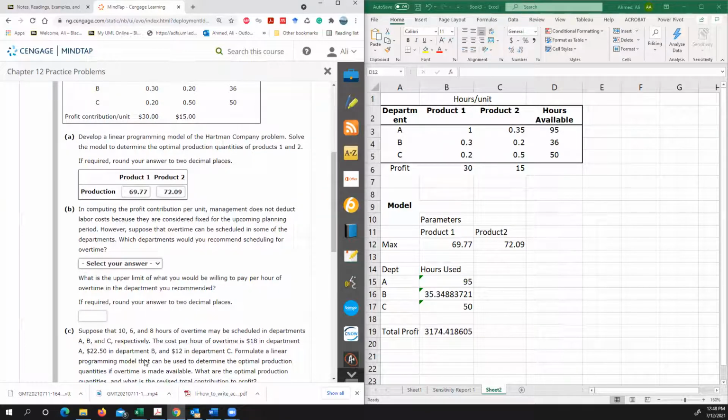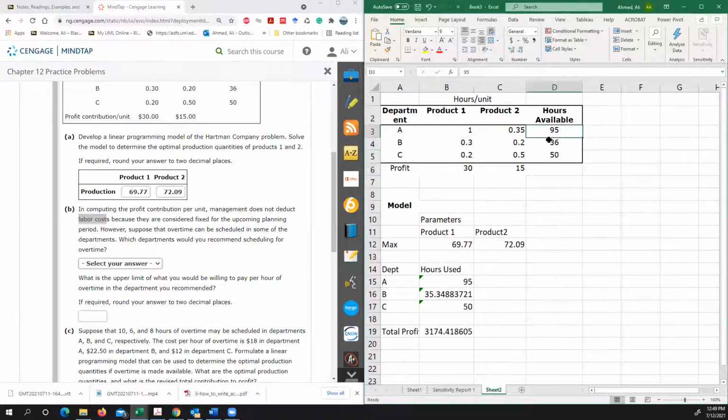And the next question is, in computing the profit contributions per unit, management does not deduct labor cost. So they don't deduct labor cost because they are considered fixed for the upcoming planning period. Okay, so we don't see any labor cost here.